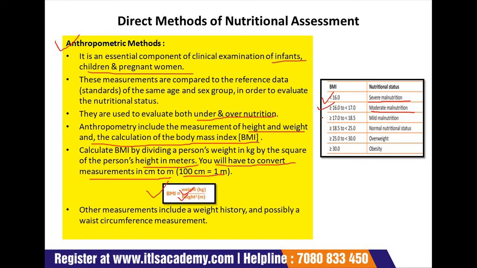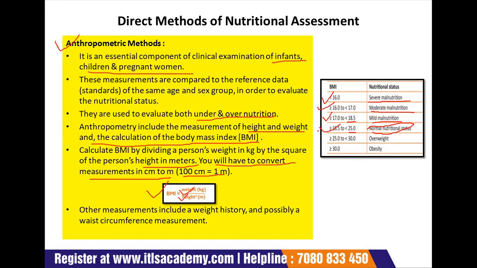If BMI is greater than 17 and less than 18.5, that means mild malnutrition. And if BMI is greater than 18.5 and less than 25, that means normal nutritional status.